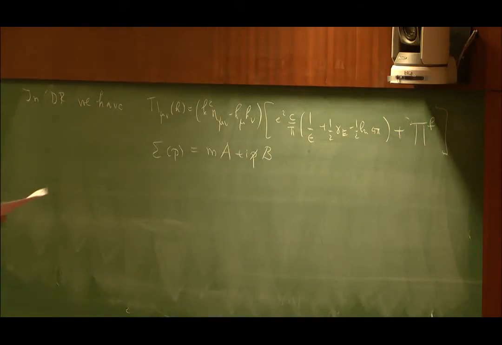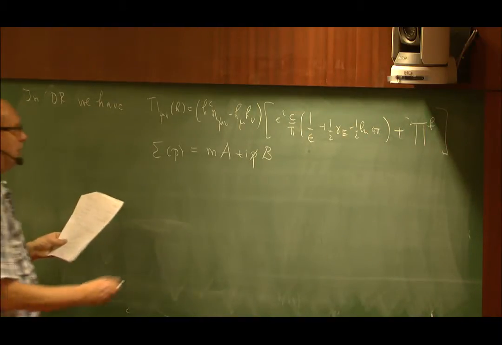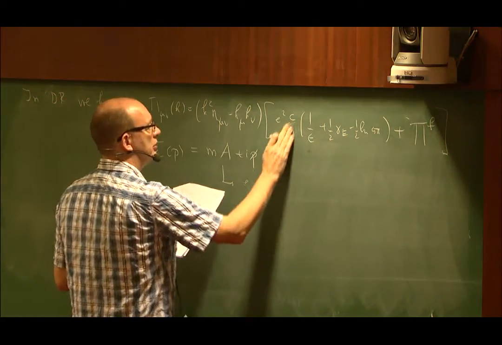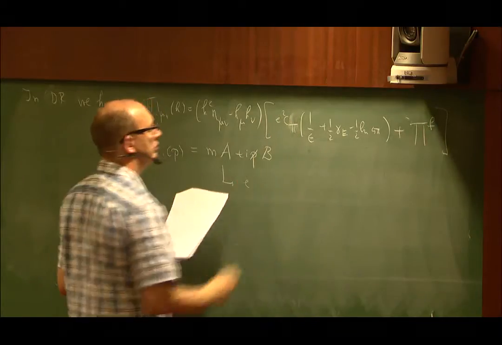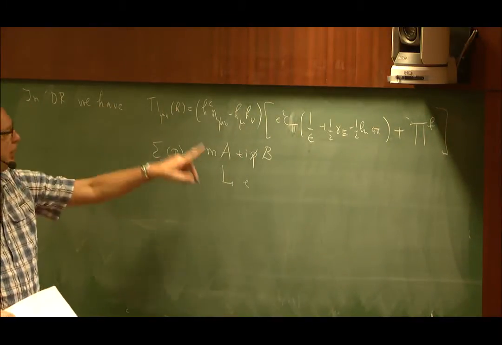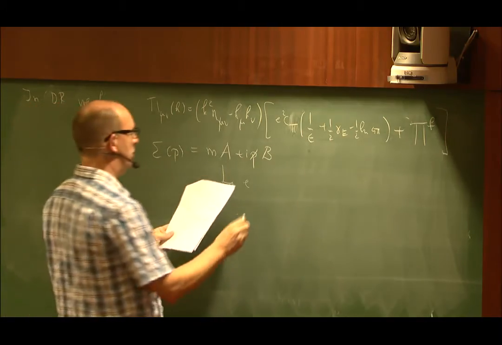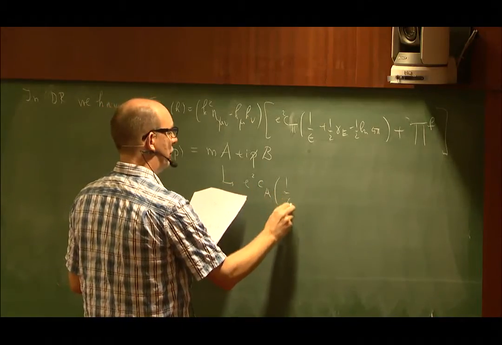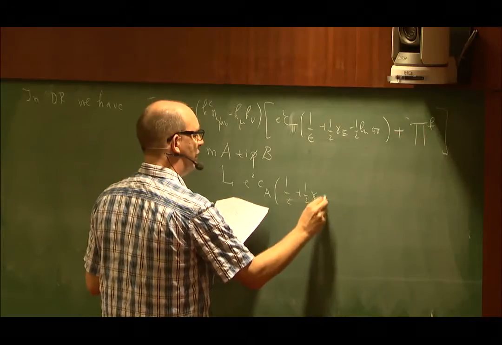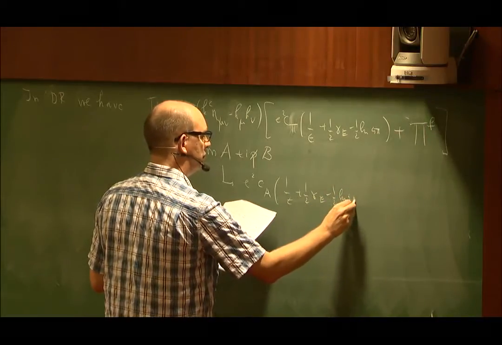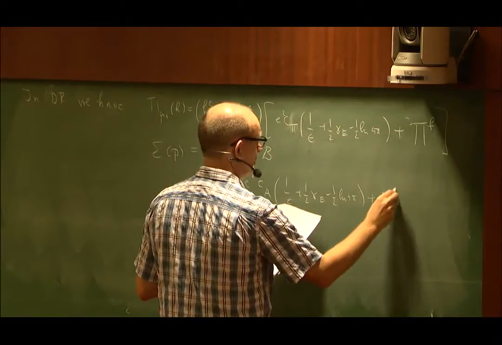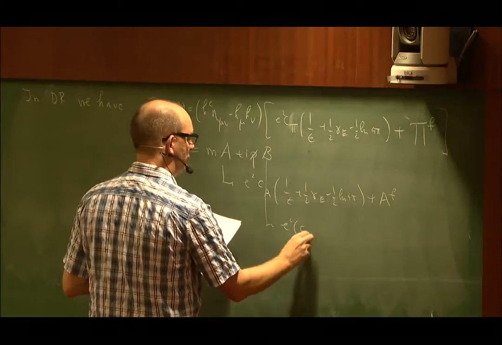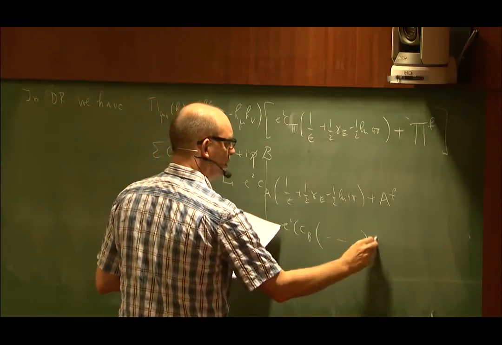And if you do that loop calculation there, you find that a is, oh, sorry, I meant here is c sub pi. You give it the index pi to refer to the symbol. And then this one will be e squared c_a times (1 over epsilon plus a half gamma_E minus a half log 4 pi) plus some finite terms, and b will be e squared c_b times this thing plus the finite terms in b.